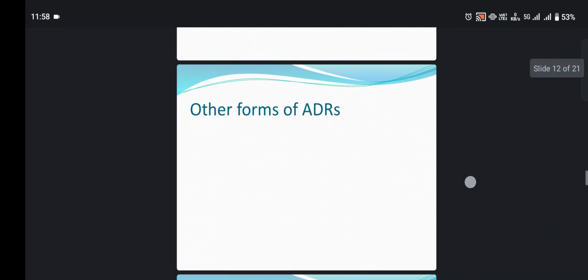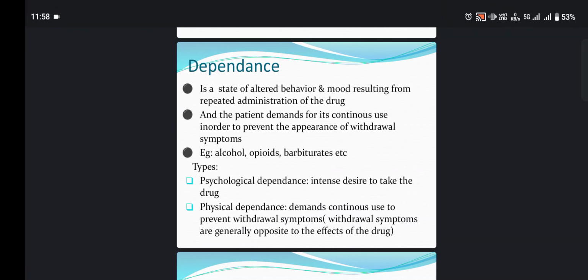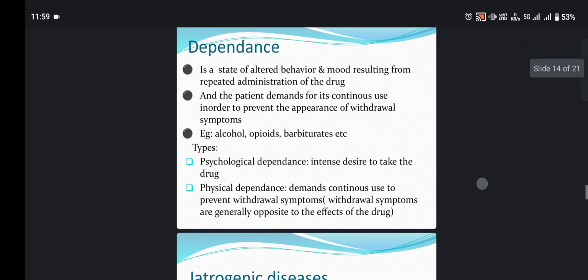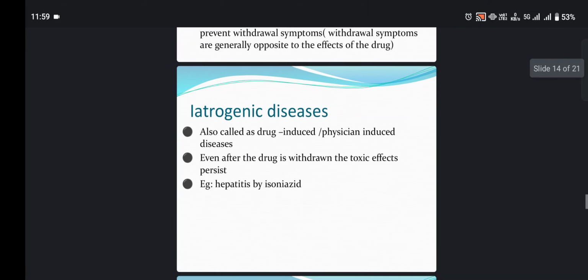And other forms of reactions like dependency. Everybody knows that dependency is a state that alters the behavior and mood of a person because of repeated administration of a drug. Okay, that is a very simple thing. Then iatrogenic disease or adverse reaction is also called drug induced or physician induced.